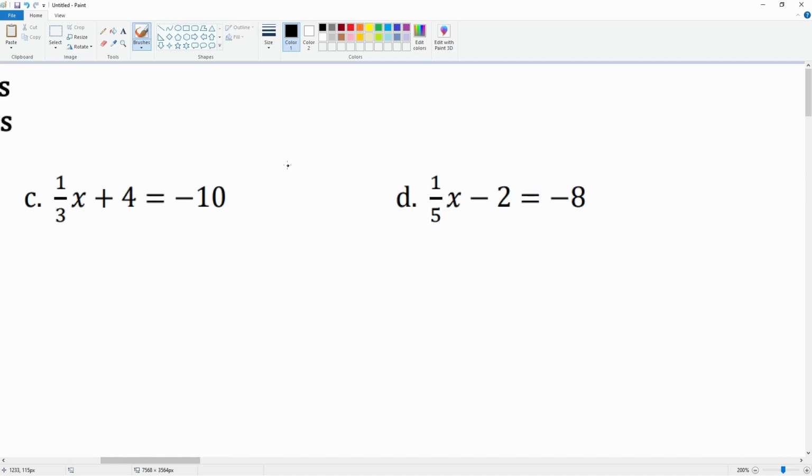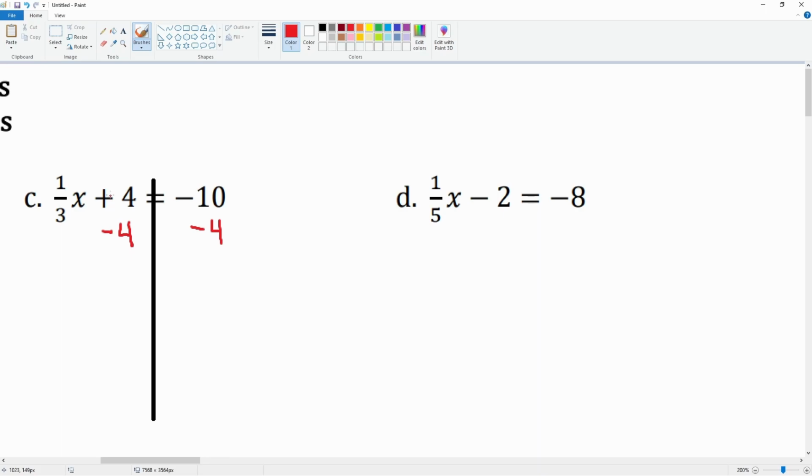Let's look at C now. Make sure we draw the line down the middle so we can understand the left side and the right hand side. Okay, we have 1/3 x plus 4 equals negative 10. Let's get rid of the plus 4 first. The inverse of plus 4 is to minus 4. We want to make sure we do that to both sides.